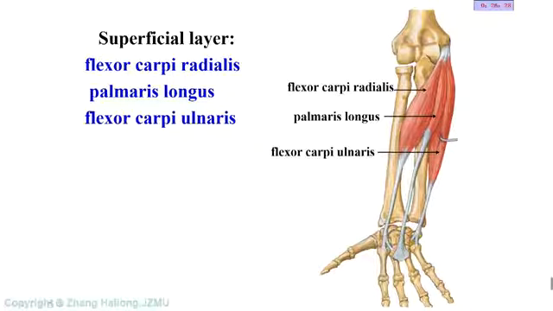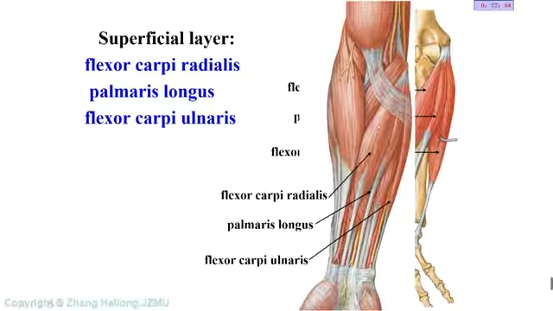This muscle finally will control all the fingers. And this side is flexor carpi ulnaris, on the ulnar side, will control your wrist. So this one is the radial muscle, this one the ulnar muscle, controlling your wrist, flexing your wrist. And this muscle flexes your finger.